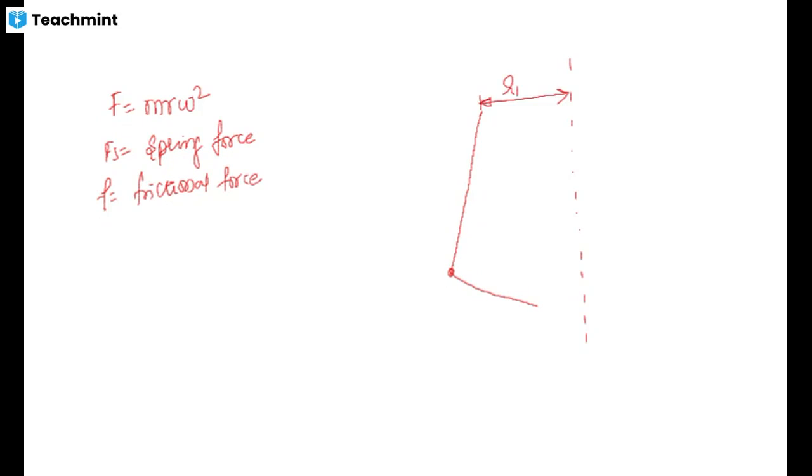For equilibrium condition, the bell crank lever should be in a right angled position. Then only we are going to get a constant speed. If there is variation of speed, you are going to get a displaced position of the bell crank lever. Let r1 be the radius of rotation of the ball for minimum speed.